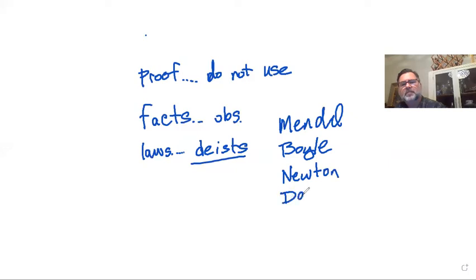And even Darwin. Okay. Even though Darwin never came up with a law, if you read the last paragraph of The Origin of Species, it says there's got to be some law that's at work here when we look at that tangled bank of creatures. How did they get here? Why do they look like they do? How do they have those interactions? It's got to be some law, right?